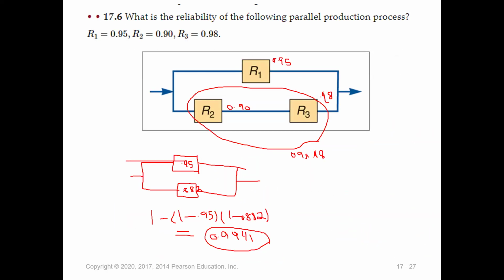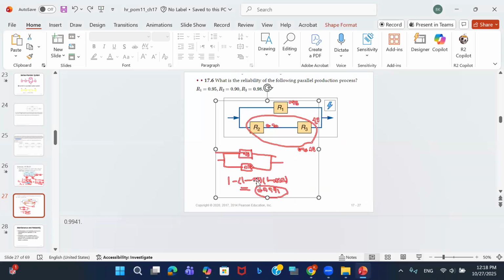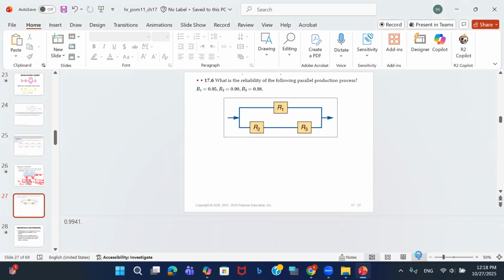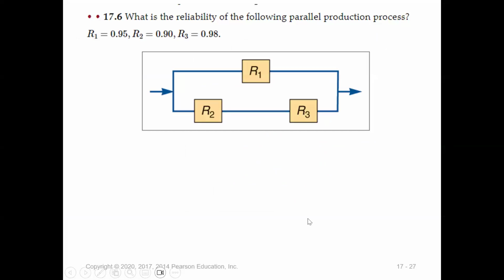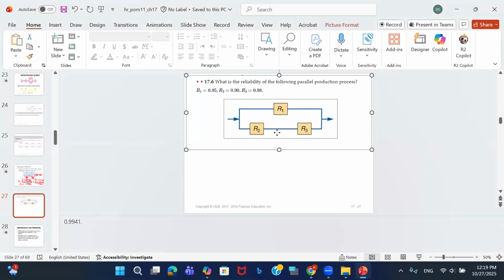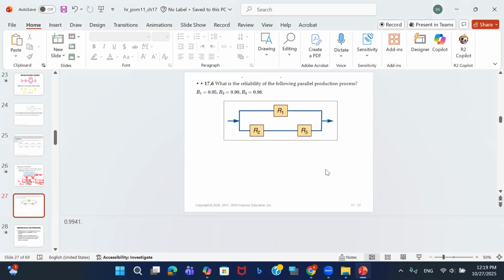For this, let's look at this. So this again. Let's see if you can find the reliability for this system. Go ahead and do it. You will need 2 minutes for this, but I give you 4 minutes. Go ahead and try to find the reliability for this system.